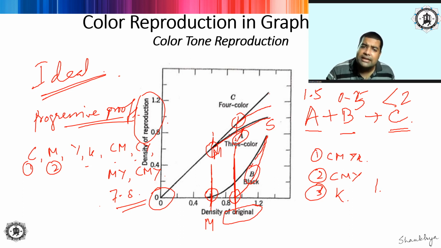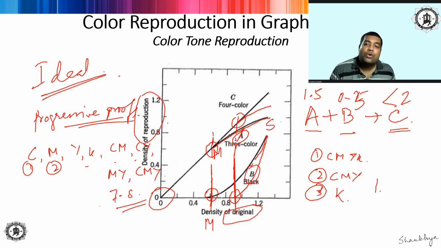So if you print excessive black, what will happen? The effect of the other colors will not only get reduced, but the overall sharpness of the image is also going to go down. Instead of the contrast of the image getting higher, it will actually drop down because you are going to print a very flat kind of an image if you print black everywhere.